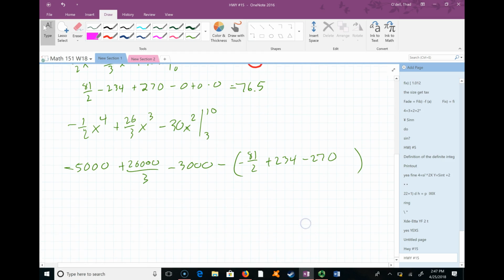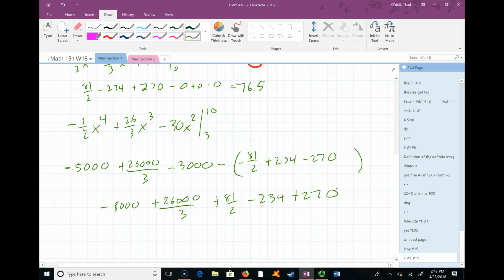So then, of course, that negative would change all the signs. So that negative 3,000 and negative 5,000 would be negative 8,000, plus 26,000 divided by 3. And that whole thing is going to be plus 81 over 2 minus 234 and plus 270.